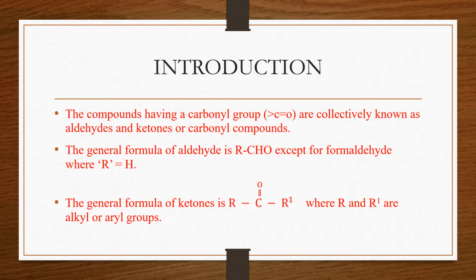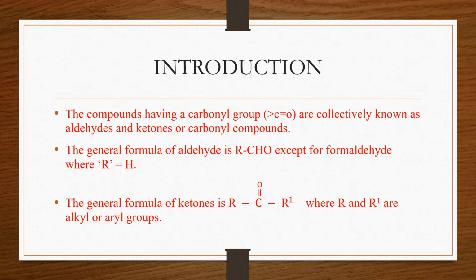So what is the definition of a carbonyl compound? The compounds having a carbonyl group, that is C double bond O, are collectively known as aldehydes and ketones or carbonyl compounds.